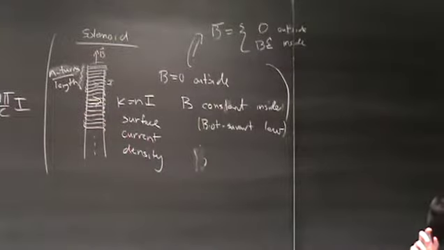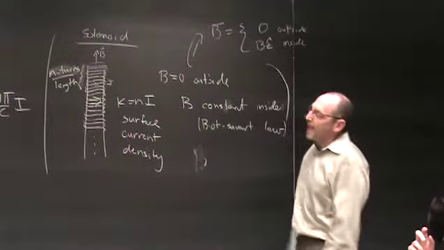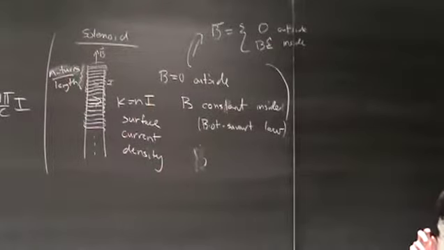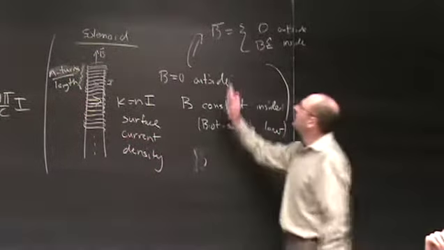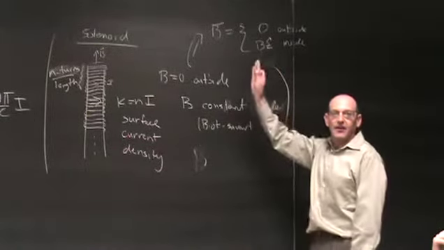Now we can trivially solve for the magnetic field based on the appropriate choice of the Amperian loop, analogous to the Gaussian surface. What loop should we choose? Well, we should choose the loop such that B dot dl is constant along that loop.